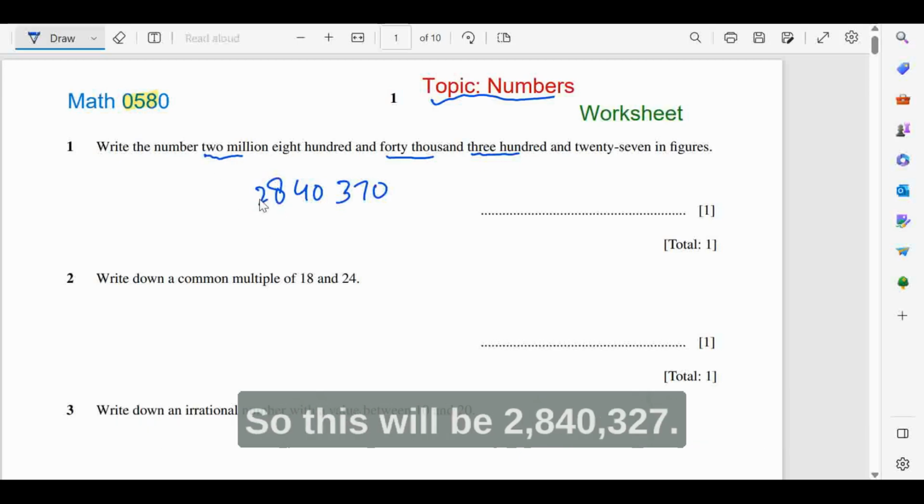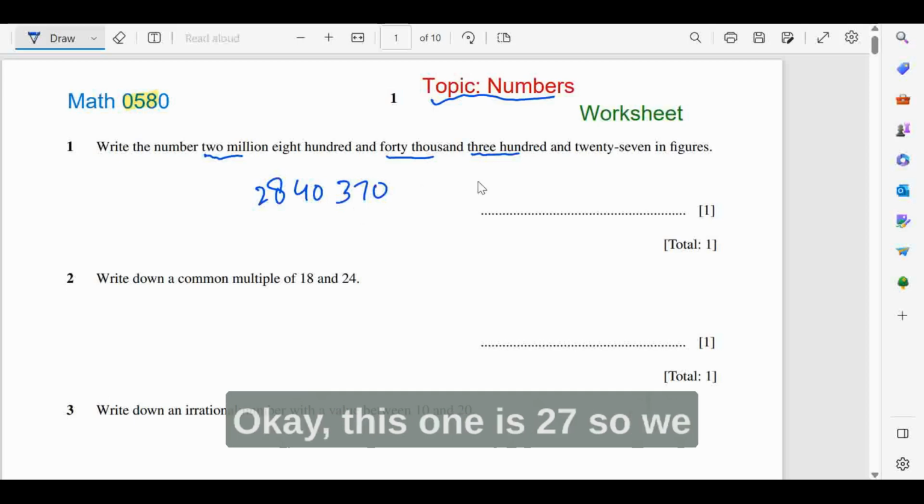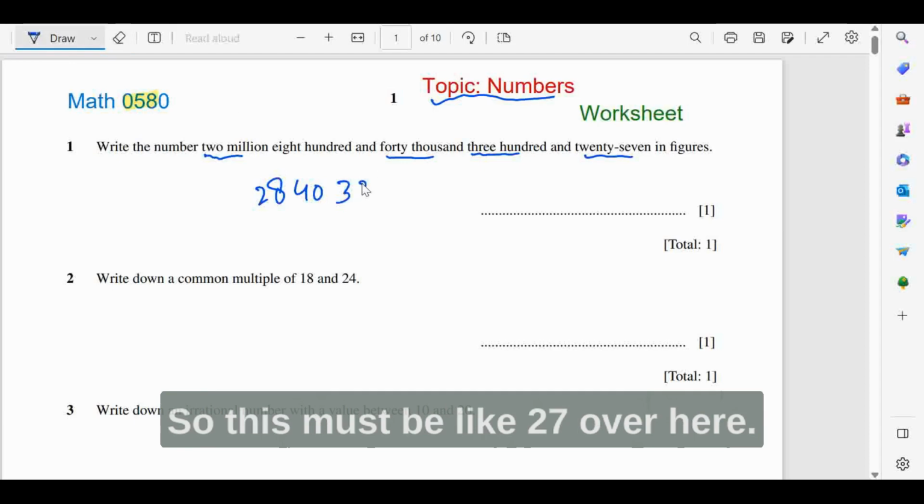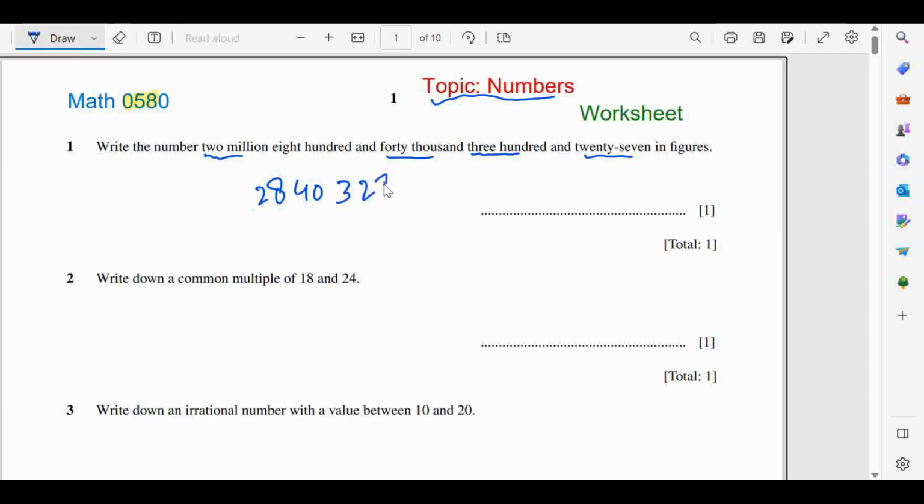So this will be 2,840,327. This one is 27, so we have to write it over here 327.